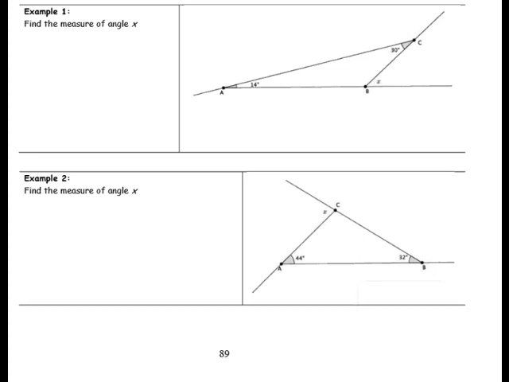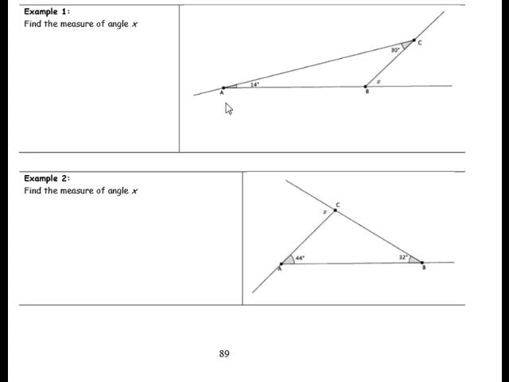Let's take a look at example 1. Find the measure of angle X. Looking at your figure, notice that two of the interior angles are labeled 14 degrees and 30 degrees, and we are looking for the measure of angle X. And we want to use what we just learned about the exterior angles equaling the sum of the related remote interior angles to answer this question.